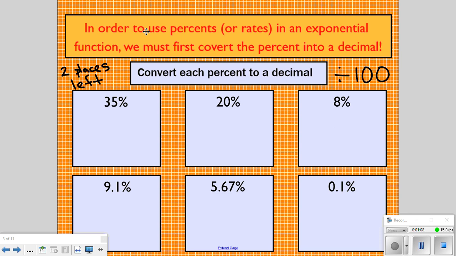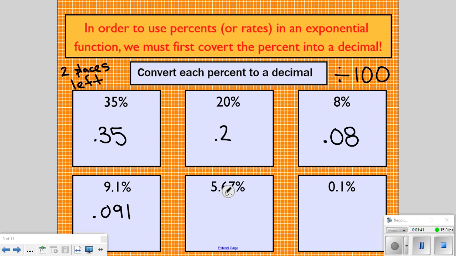So let's look at a couple of what these answers would be just to make sure we are all on the same page. For the first problem, 35%, if I divide that by 100, I get 0.35. If I divide 20% by 100, I get 0.2. If I divide 8% by 100, I get 0.08. If I divide 9.1% by 100, I get 0.091.